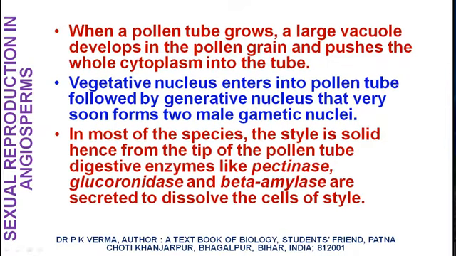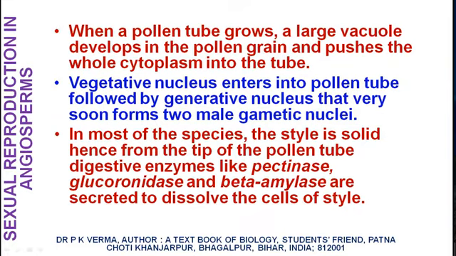Now, the growth and development of the pollen tube is under control of its vegetative nucleus. It helps in secretion of certain digestive enzymes like pectinase, glucuronidase, and beta amylase.